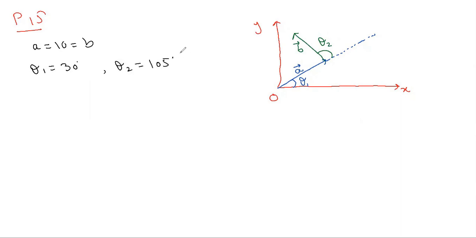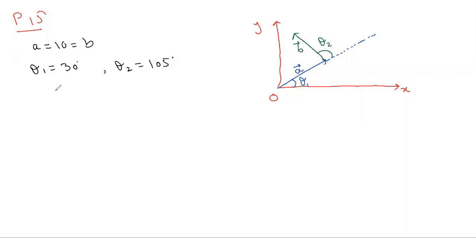So the problem is quite simple, but we have to find what is the angle that both of these vectors are making with the positive x-axis according to the convention of the right-handed coordinate system.